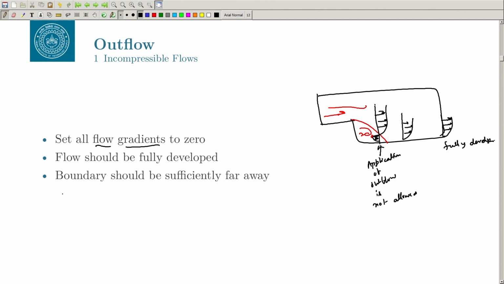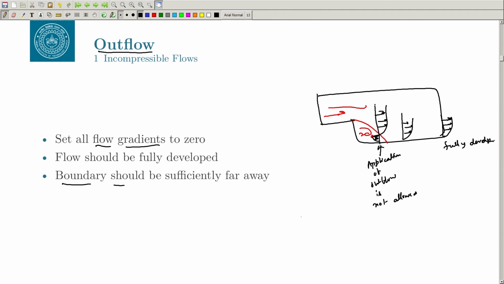Further, if the flow has a lot of unsteadiness, then you also cannot use this kind of boundary condition. So these are some of the boundary conditions that we saw for incompressible flow: pressure inlet, pressure outlet, velocity inlet, and outflow. Again, this outflow cannot be used with the pressure inlet.